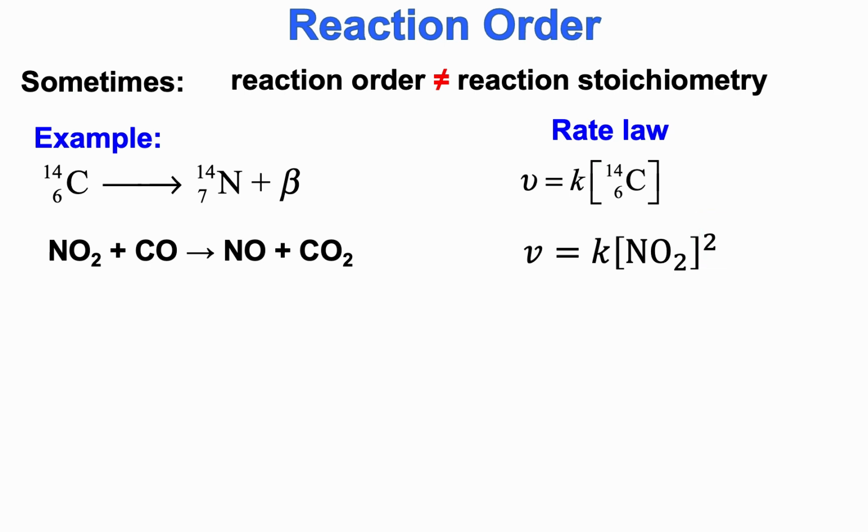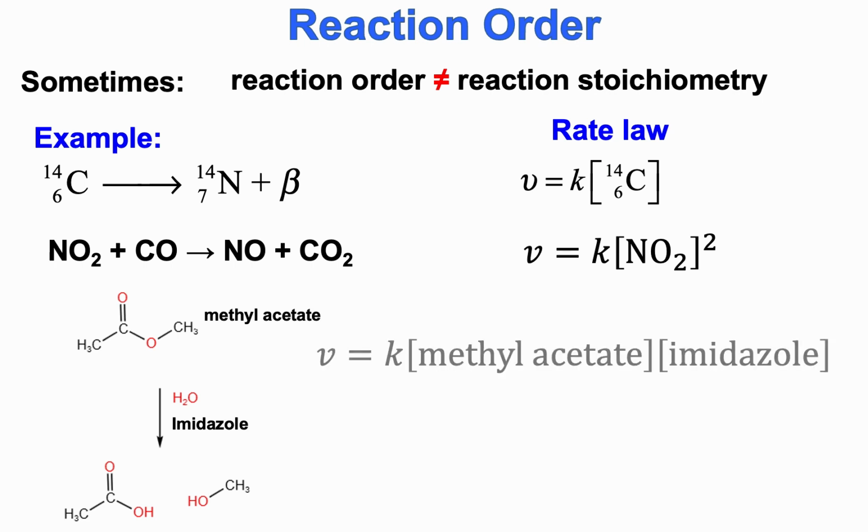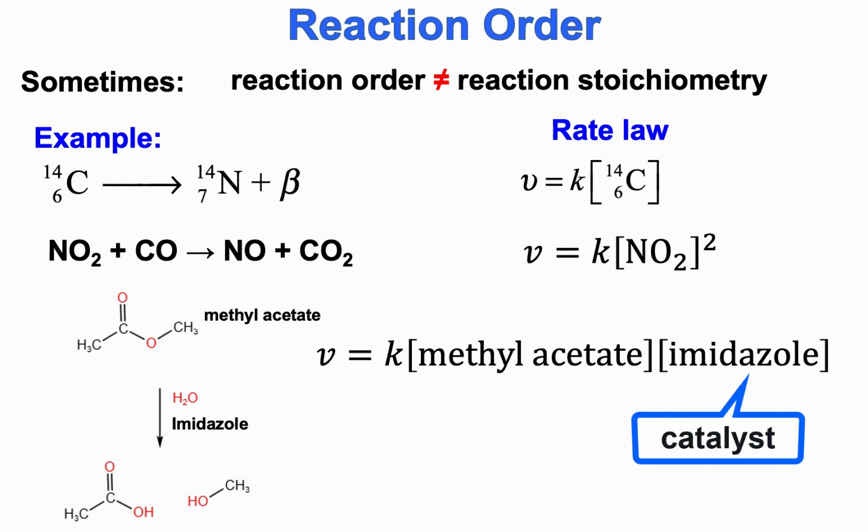Another example of this is the hydrolysis of methyl acetate. This is a reaction that can be catalyzed by a number of different species, for example, imidazole. And in the presence of imidazole, the rate of this equation can be described using the concentration of methyl acetate as well as the concentration of imidazole. Imidazole is a catalyst and actually isn't consumed in the reaction.